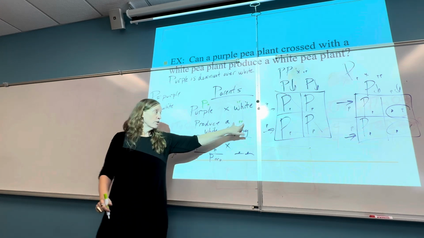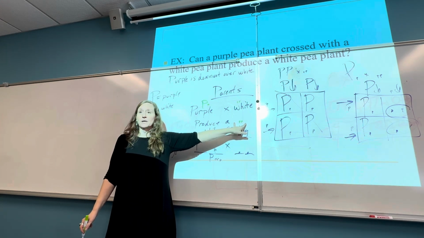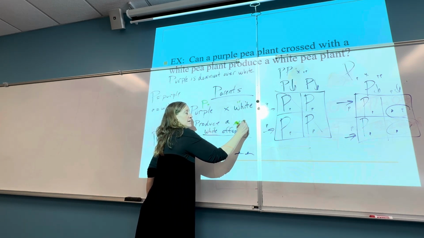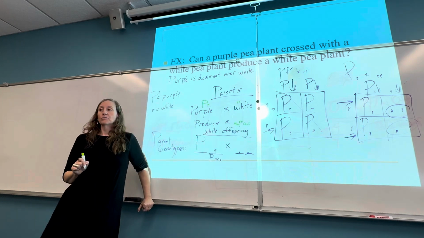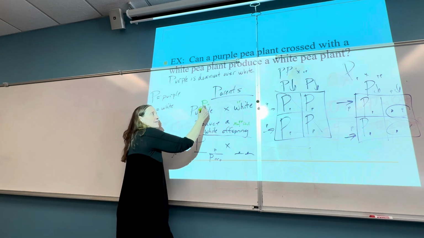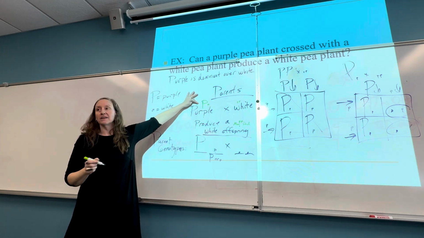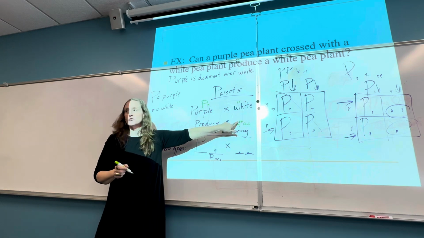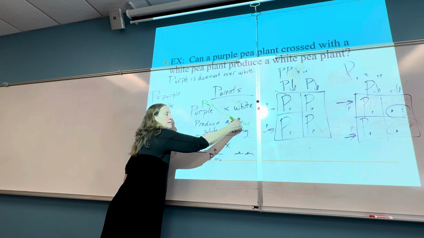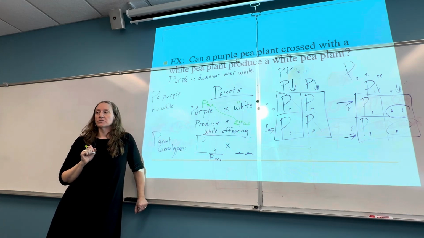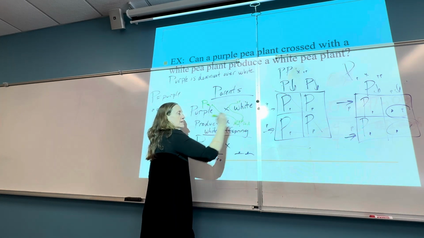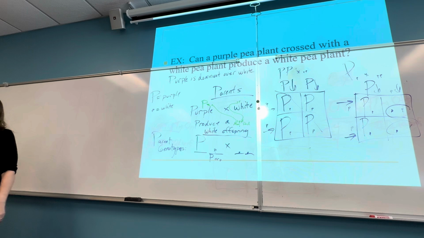So, in order for this offspring to be little p, they have to get a little p from each parent. One of those little p's comes from bio mom, one comes from bio dad. So, if the purple parent has to have a big P, but also has to be able to contribute a little p, then I know that parent has to be heterozygous. And then the other parent is little p, so we know they're giving a little p. So that's the other way that you can do it.